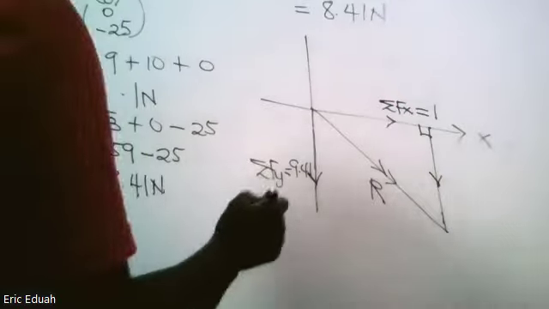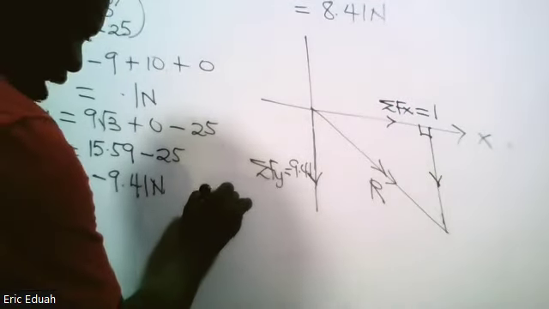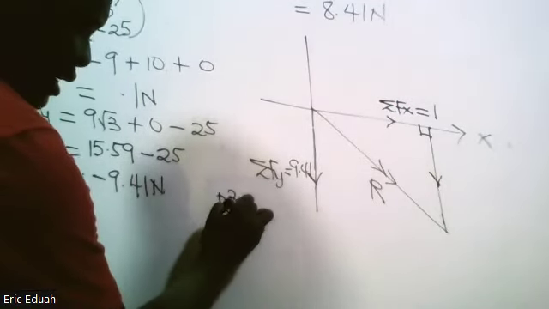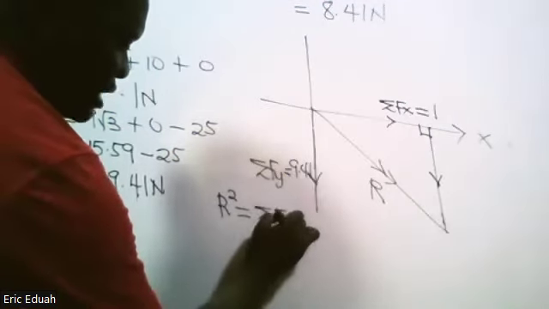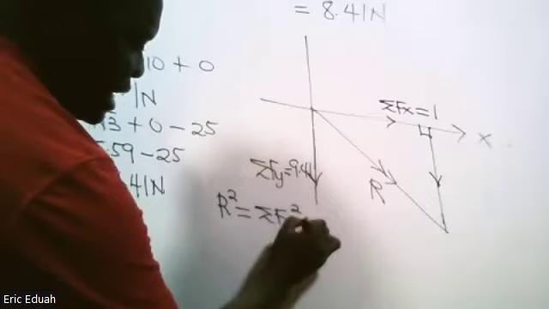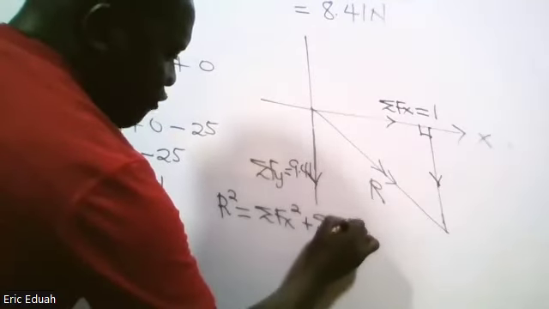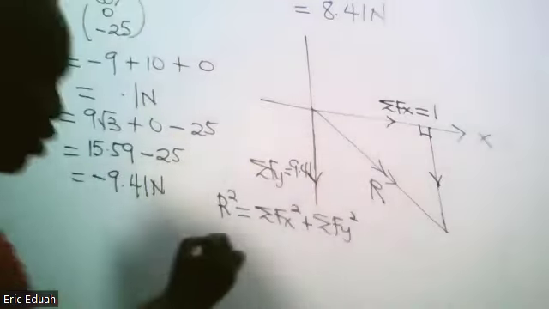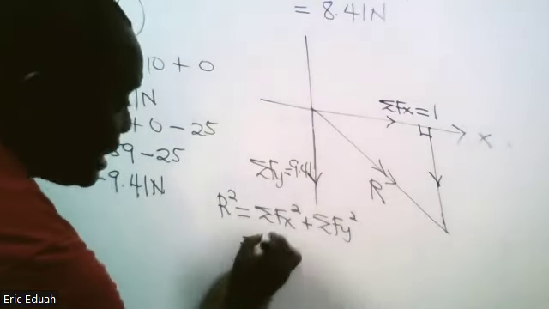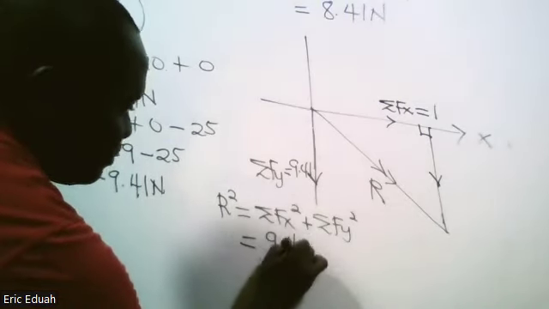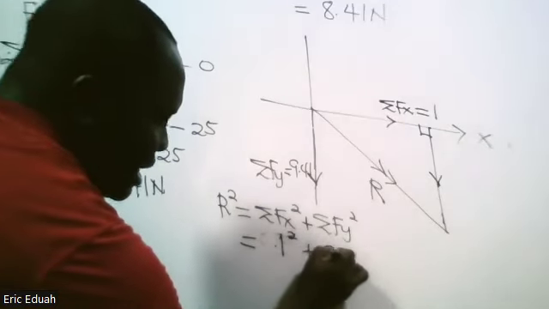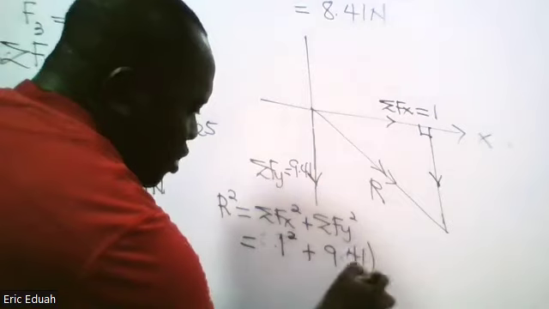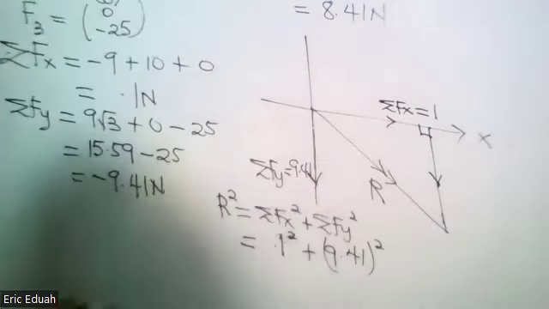Then you use Pythagoras theorem to find R. R squared equals summation Fx squared plus summation Fy squared, which then becomes 1 squared plus 9.41 squared.